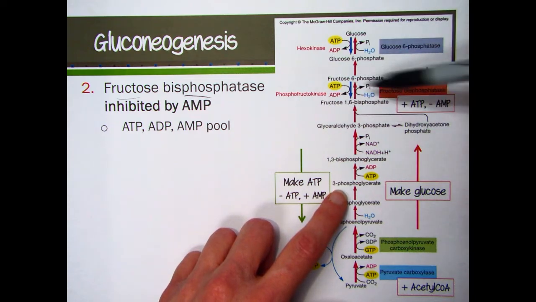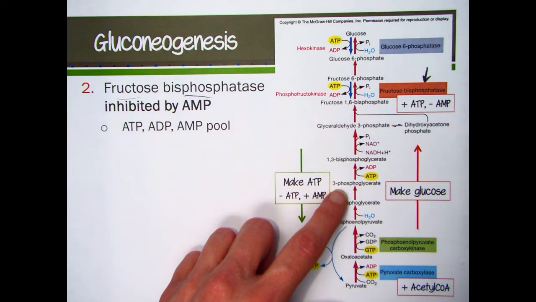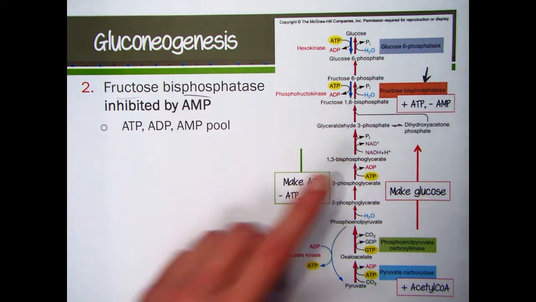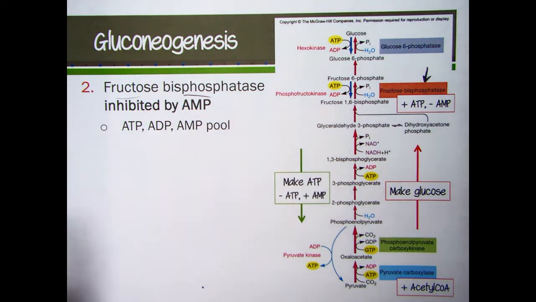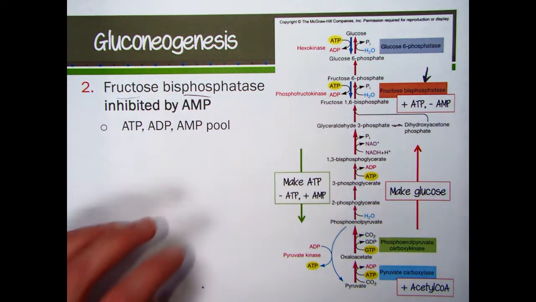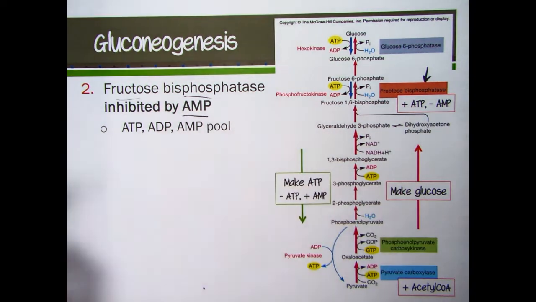And so it takes fructose 1,6-bisphosphate, which is a 6-carbon sugar with 2 phosphate groups on it, and turns it into fructose 6-phosphate, which is a 6-carbon sugar with 1 phosphate. And so the super nifty thing about fructose bisphosphatase is that it is inhibited by AMP.